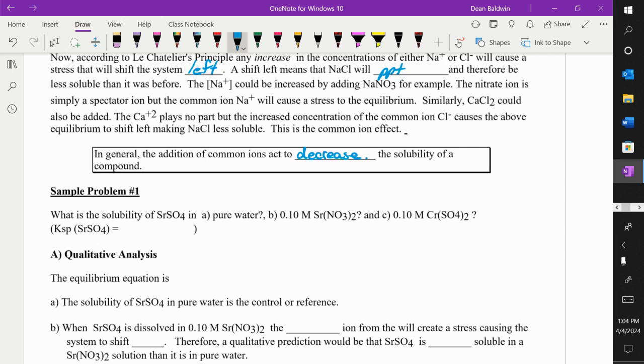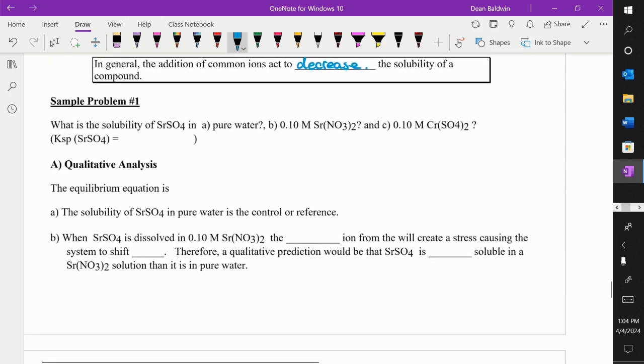So we're going to look at it qualitatively, just talk about it, and then we're going to do the quantitative reaction and look at the numbers behind this. So if we have strontium sulfate in pure water, that's going to be our baseline. Okay, that's going to be the maximum amount that you can dissolve. This is the control reference.